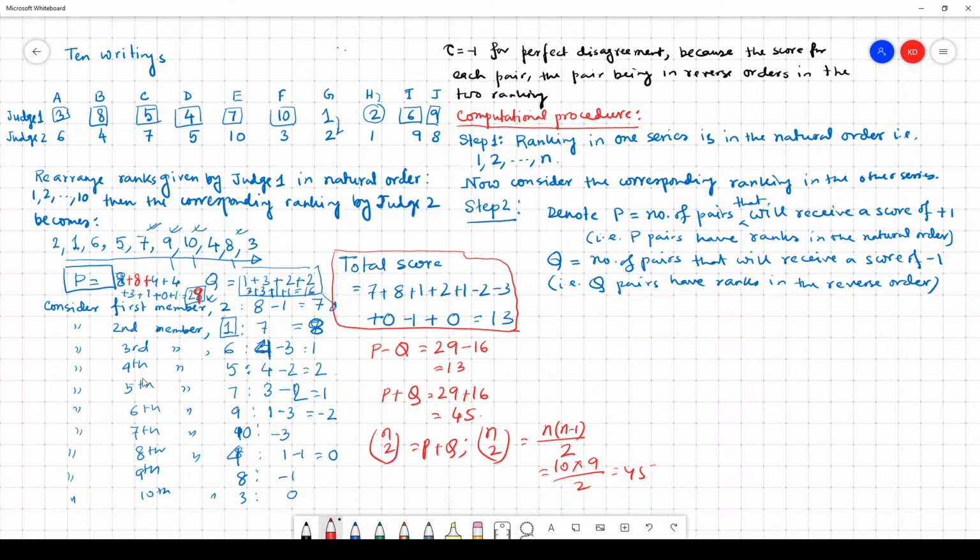Okay, so now here is the process of computing P and Q and total score. So under step 2, write total score equal to... Shashwata, please tell me, can you see it clearly or not?